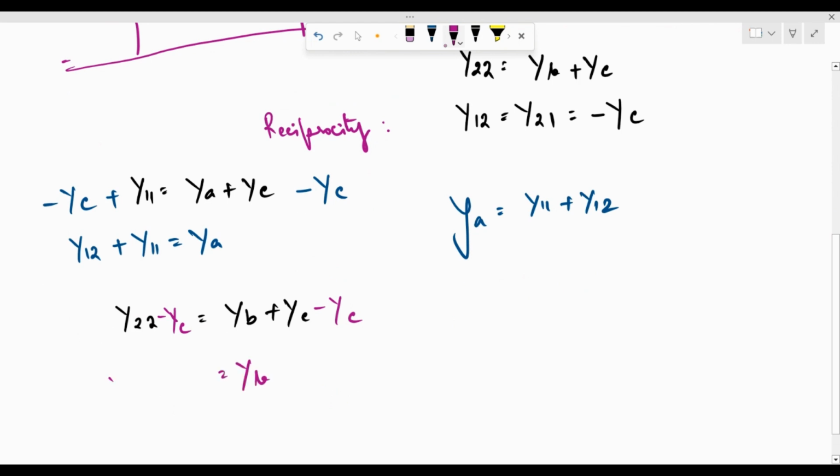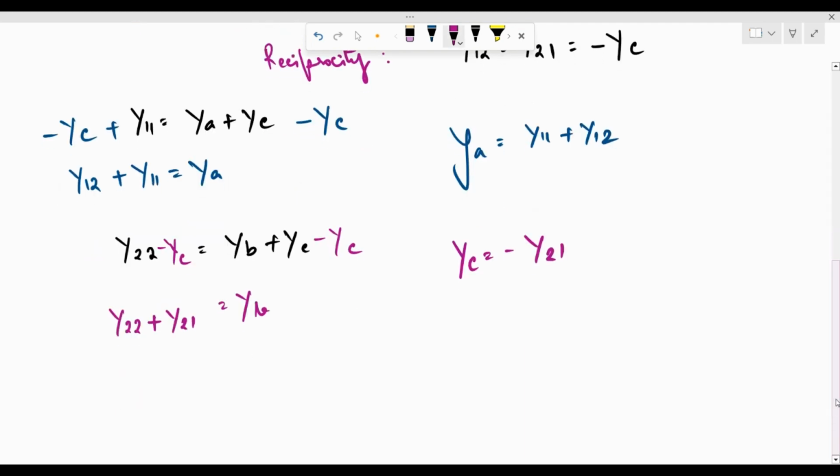On the left hand side, I'll have Y22 plus Y21 because Y21 is minus YC. And YC here is nothing but minus of Y21. So that's the third parameter. YC is minus of Y21. So now we have obtained the pi equivalent of our reciprocal two-port network, and it appears in this manner.